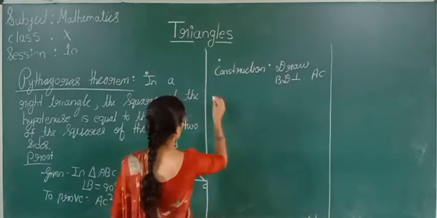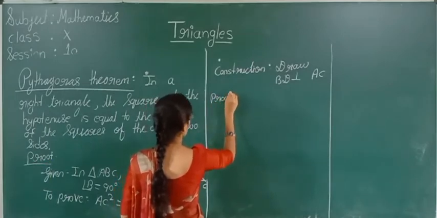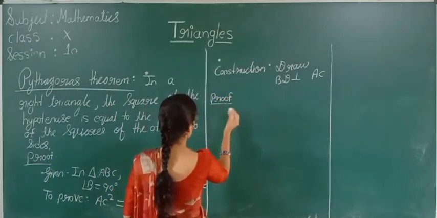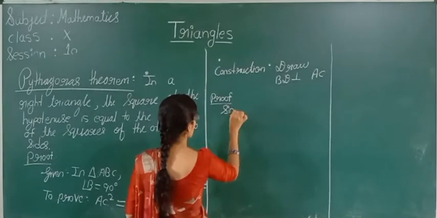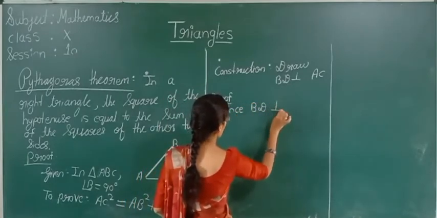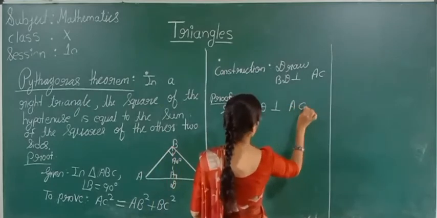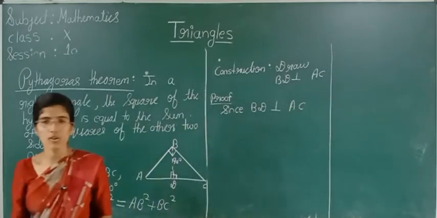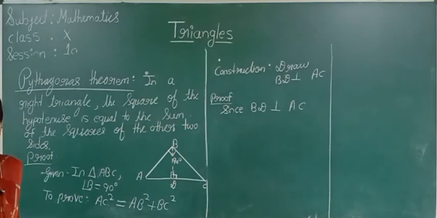Now see here, proof. Since BD is perpendicular to AC, just recall the previous theorem that I taught you.